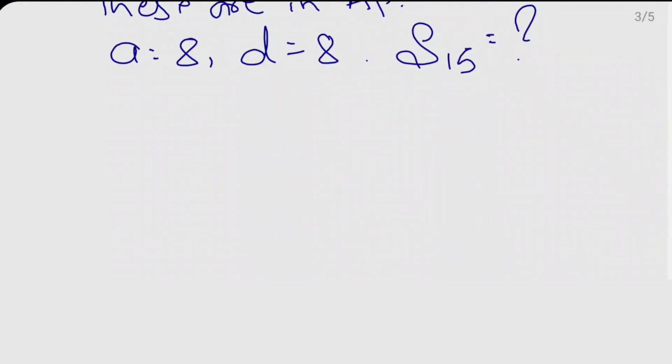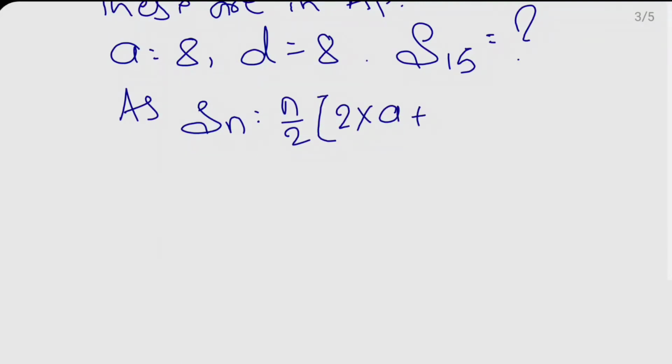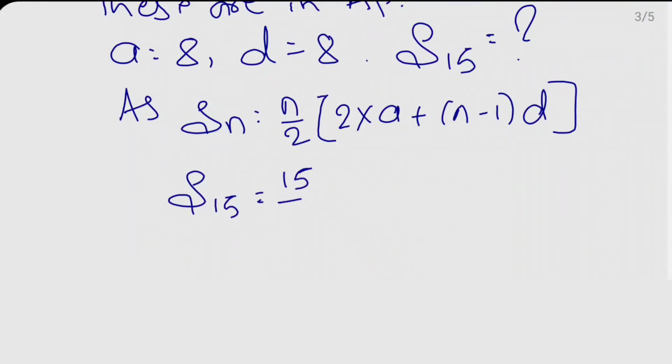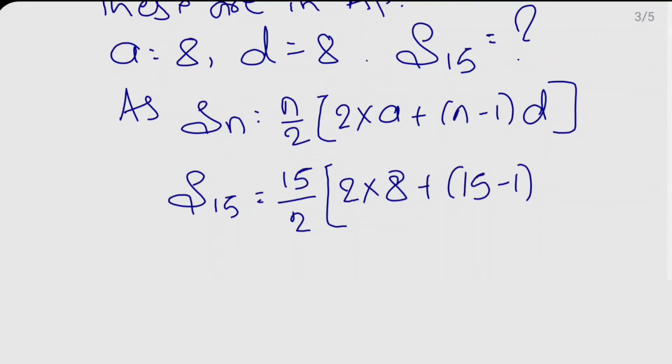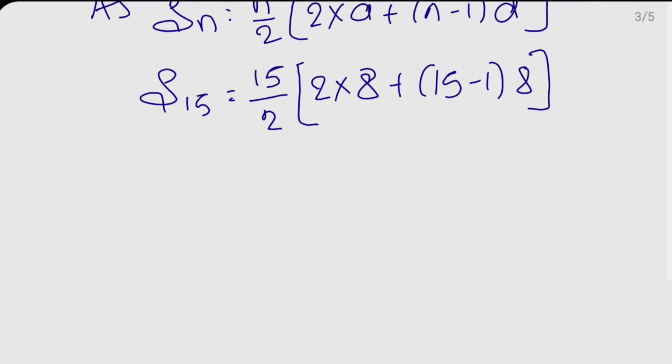So now, as we know that Sn equal to n by 2 into 2 into A plus n minus 1 into D, and here we want S15. So here n is 15 by 2, 2 into A, A is 8, plus n is 15 minus 1 into D, D is 8 here. Is it clear?